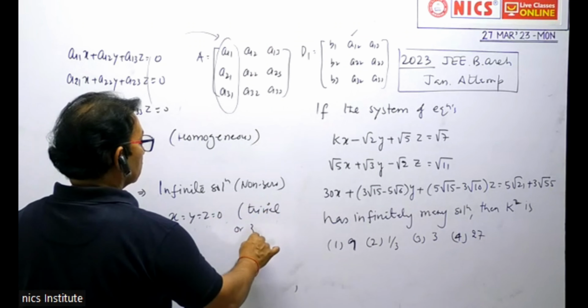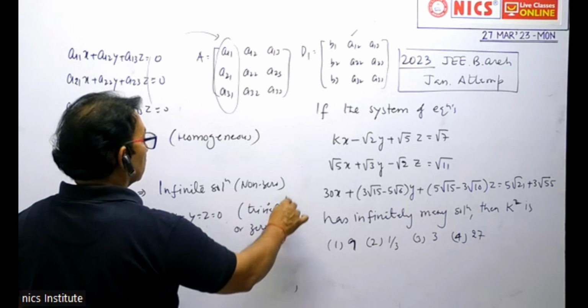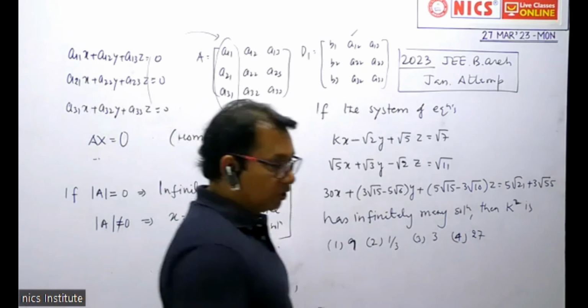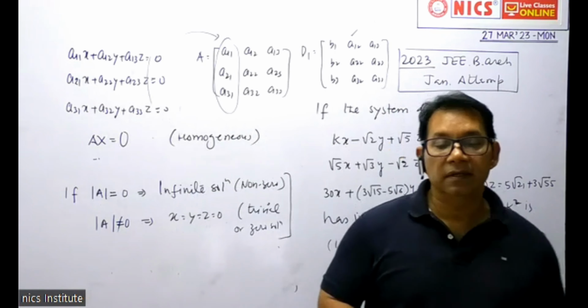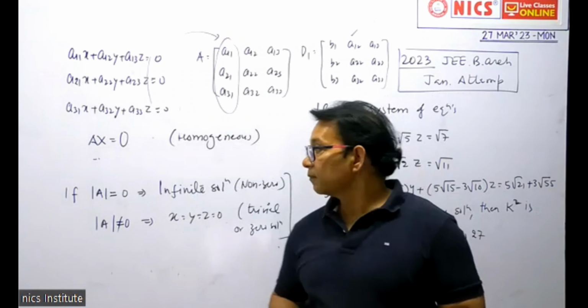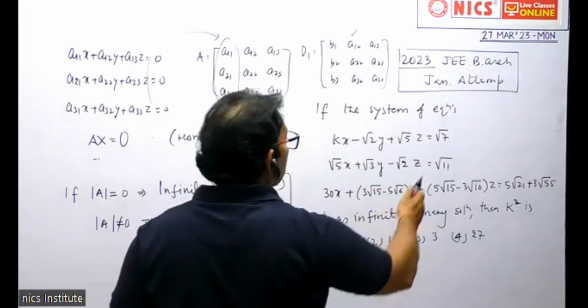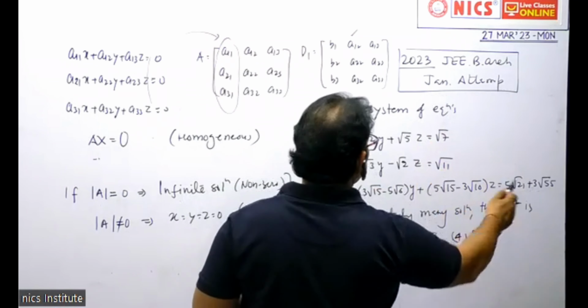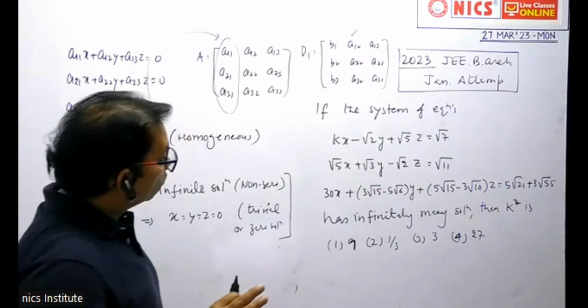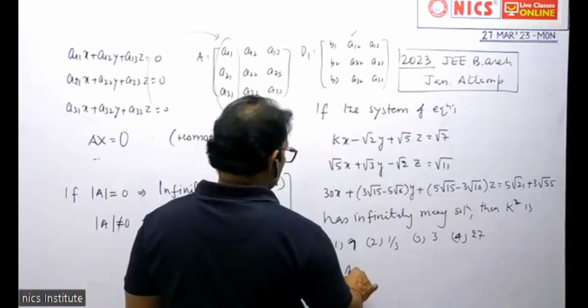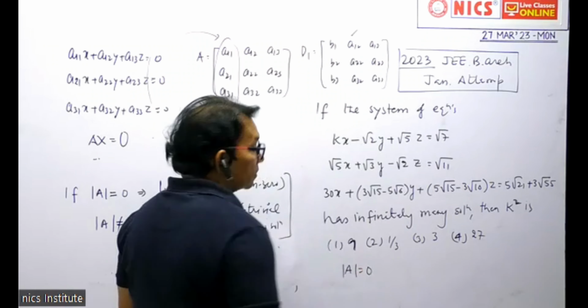So in both cases, the homogeneous system of equations is always consistent. It always has solutions. So this is when the system is homogeneous. Over here in this question, we have B1, B2, B3. Since it has infinitely many solutions, you can use determinant A equal to zero and get the answer.